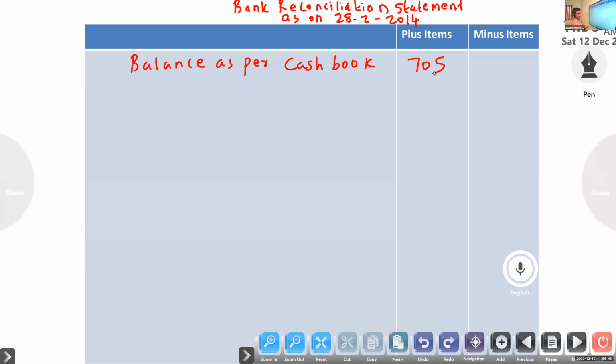That is the point. Suppose the credit side of the cash book and the debit side of the passbook, if it is not there, it means a check issued but not presented for payment. Clear?